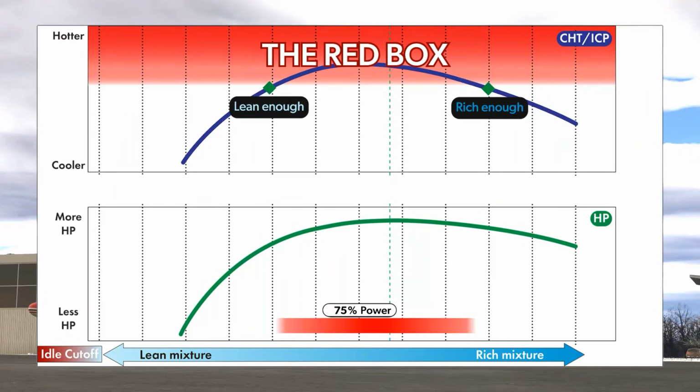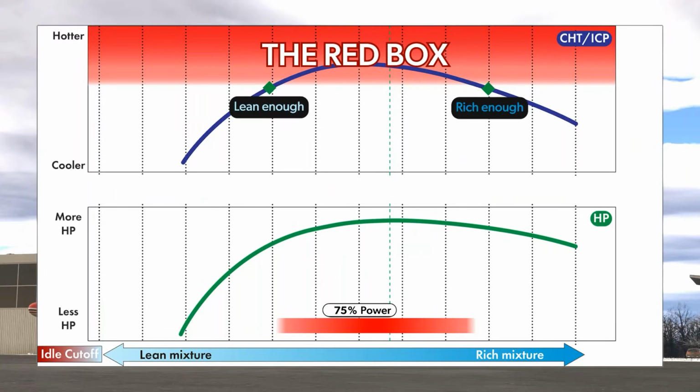Push that up to 75%, which is a typical sort of go-fast cruise power setting. People often use this as a practical maximum for cruise, and it's not a limitation. You can certainly cruise at a higher power setting than this, but this is one reason why it's a good practical maximum: you'd have to be quite rich to be clear of the red box here, or pretty far lean to be clear of the red box.